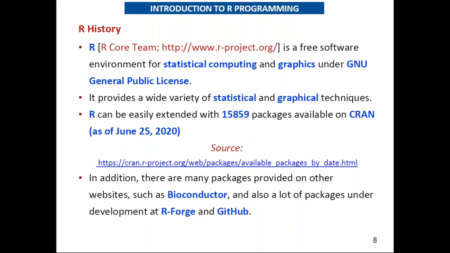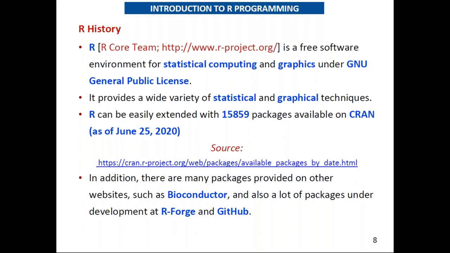The following website shows all the packages from 2006 till date. 15,000 plus packages are there. All these packages are used for statistical computation and data analysis. Even in R, we have an advantage: we can develop our own package also.